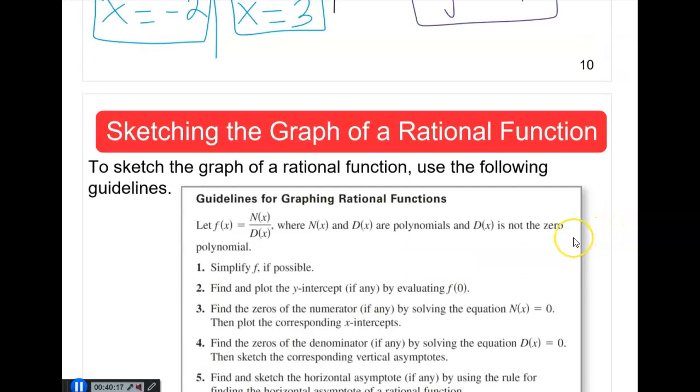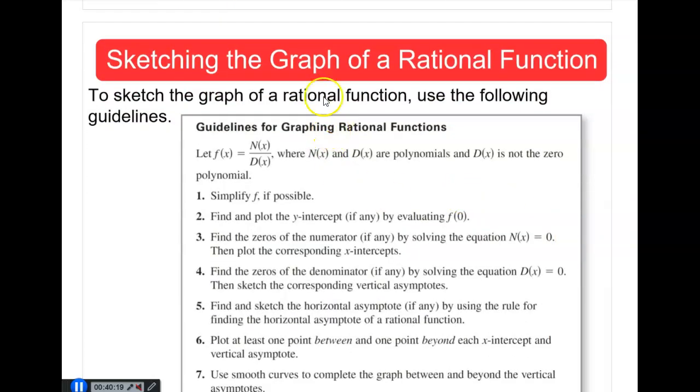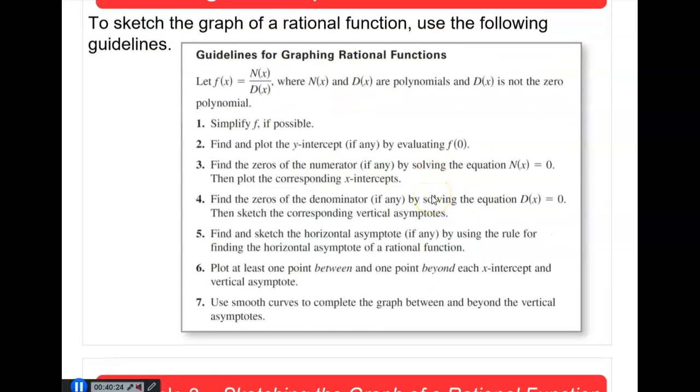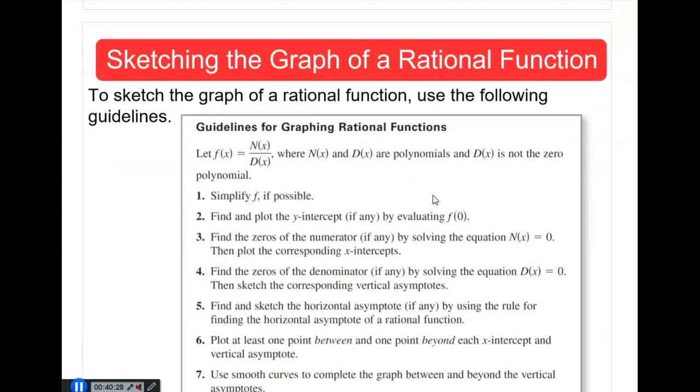Okay, so let's go over some steps on how to graph rational functions. The very first step needs to be to simplify the function if possible.